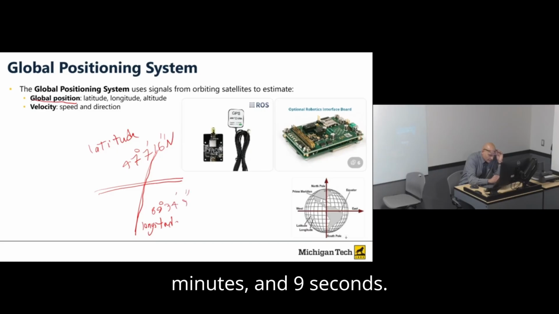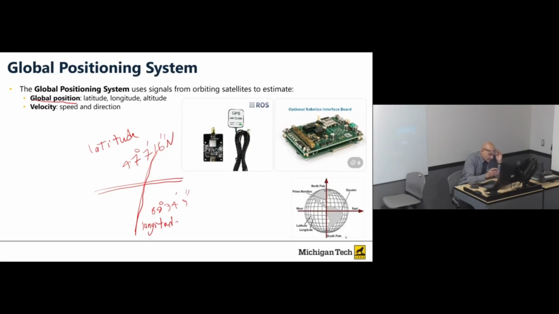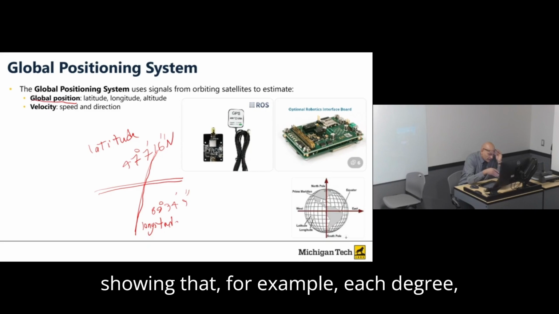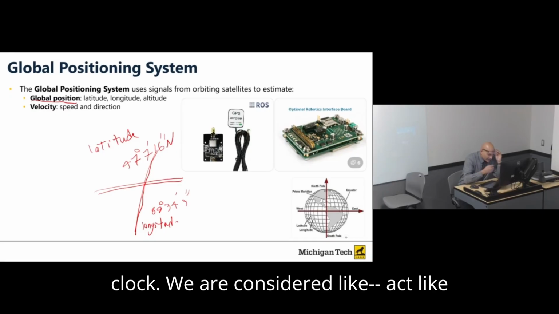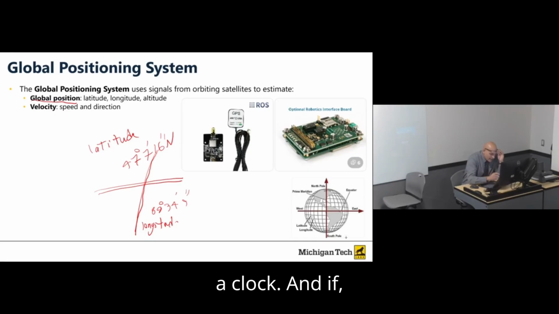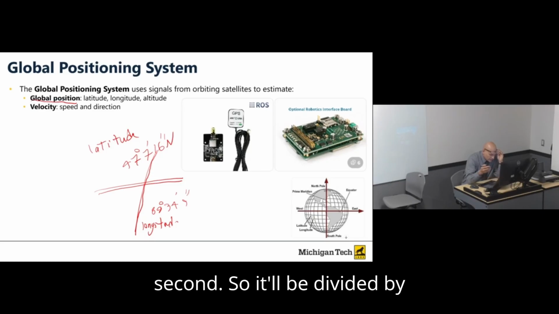So the seconds and minutes show that each degree, if you divide it by 60, it acts like a clock. And if you again divide by 60, it goes to seconds.